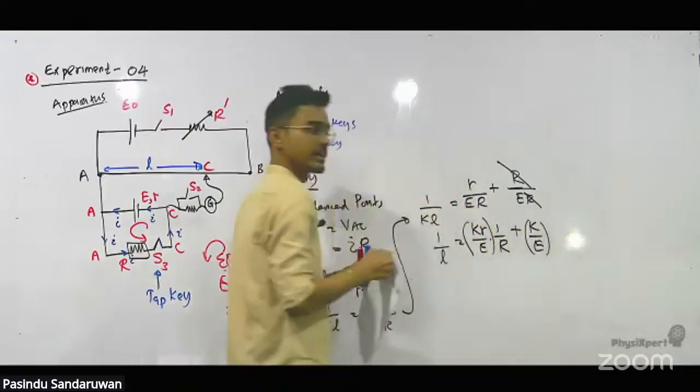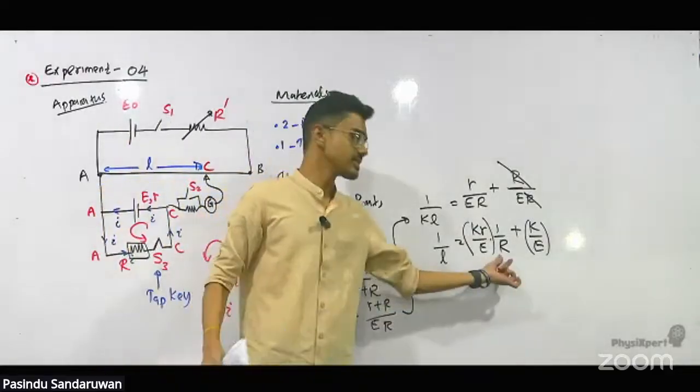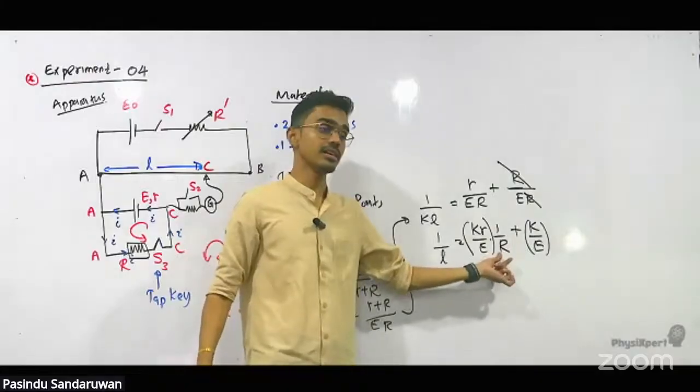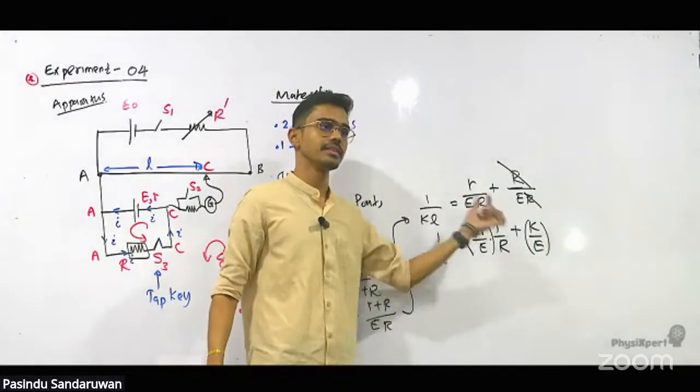Now, to get a linear variation, we must consider 1 over R as the independent variable and 1 over L as the dependent variable.